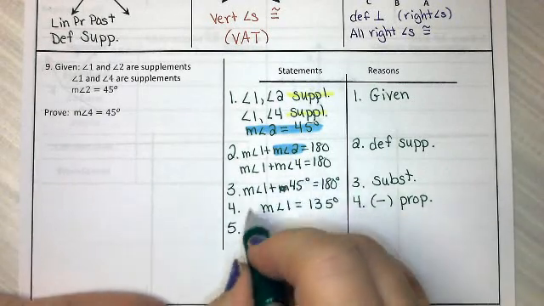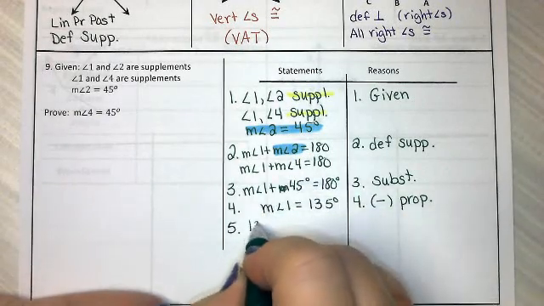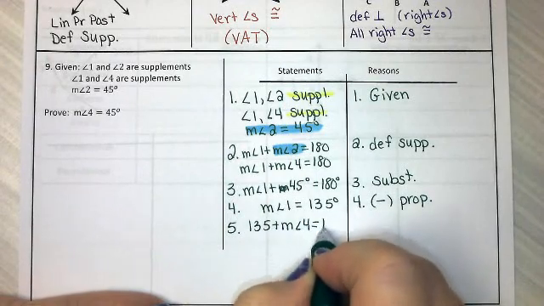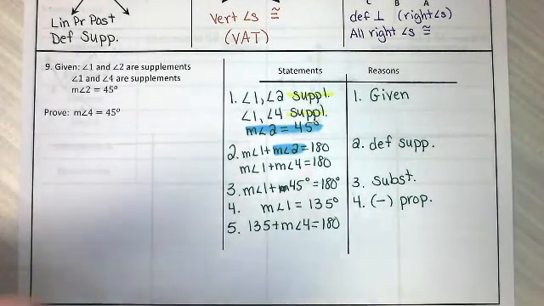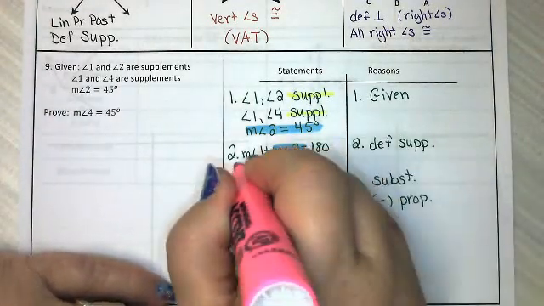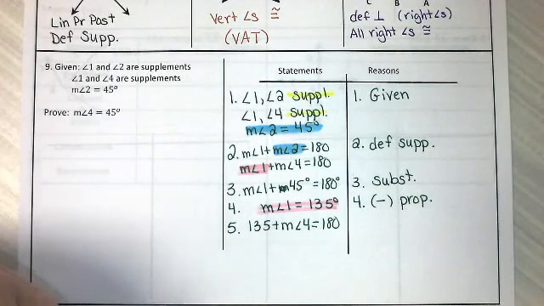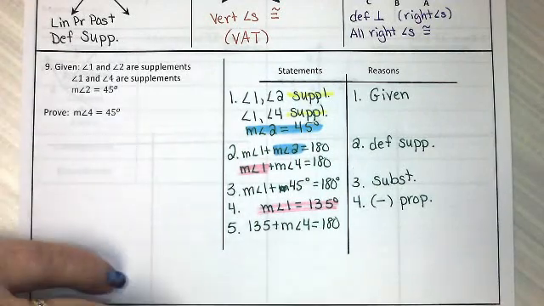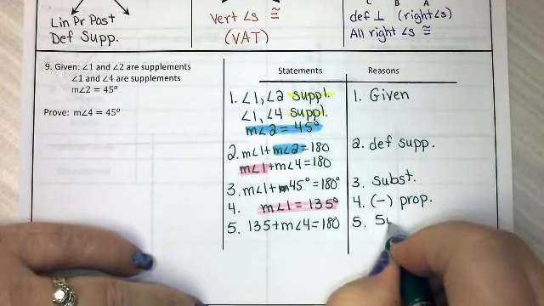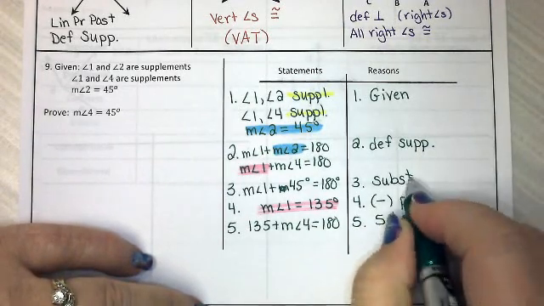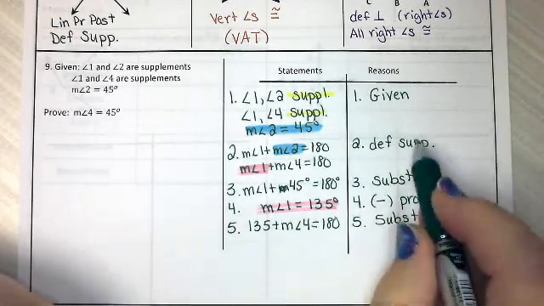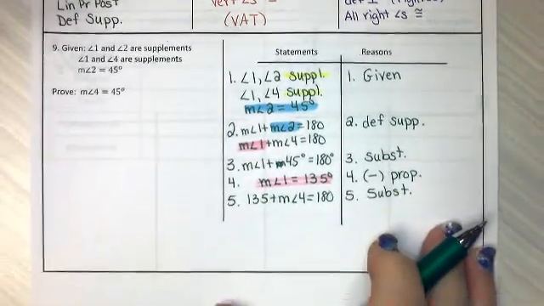So I'm going to say that angle 1 is 135 degrees plus the measure of angle 4 equals 180. We took this and we put it in place of angle 1. That's substitution. Now notice I used substitution earlier and I just used it again. You can use the same reason or the same property more than one time.